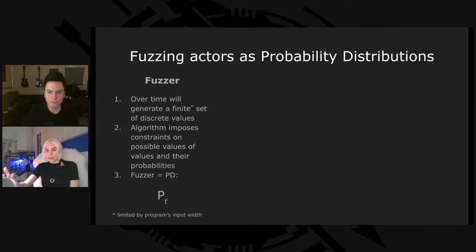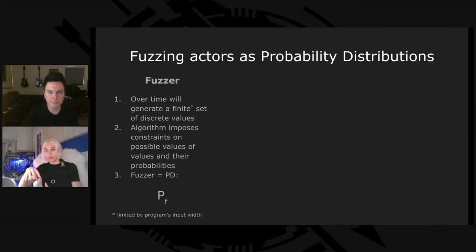So looking at the set of all possible inputs that a fuzzer can generate, there is a certain probability distribution around those inputs. How likely is the fuzzer to generate a certain input? And basically, we can model the fuzzer as a probability distribution. There is nothing else really. There is only the probability distribution, which represents the whole fuzzer.